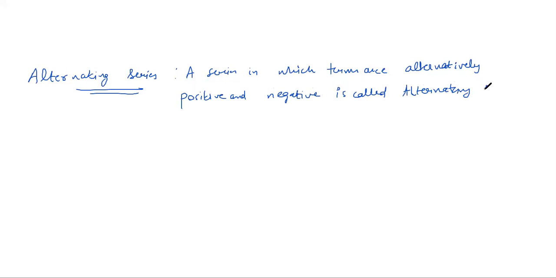The definition is very easy to understand. One term positive, one term negative, positive, negative, positive, negative, it has to happen alternatively, so that series is called an alternating series. You can create plenty of examples.